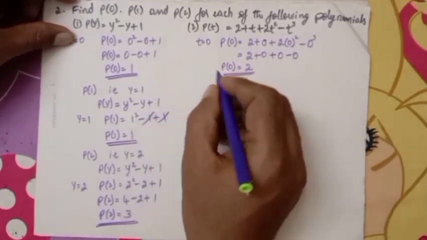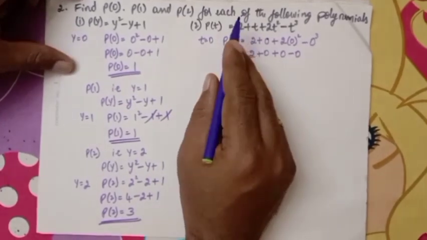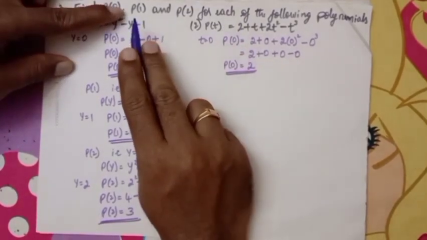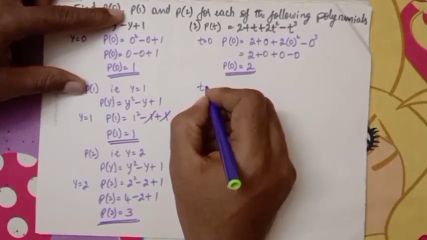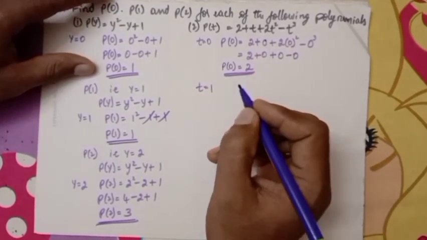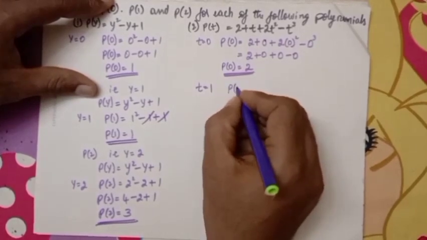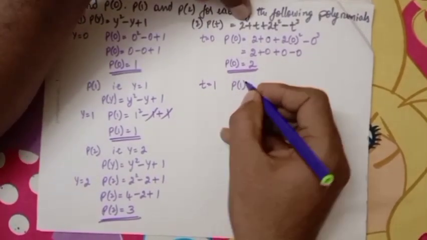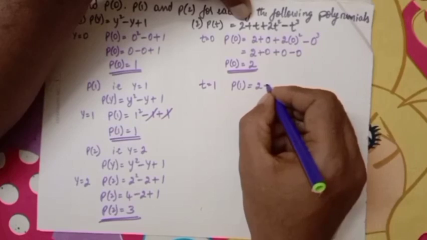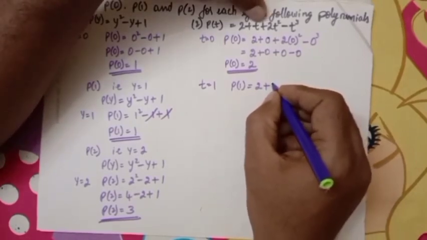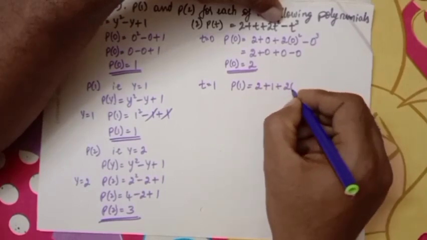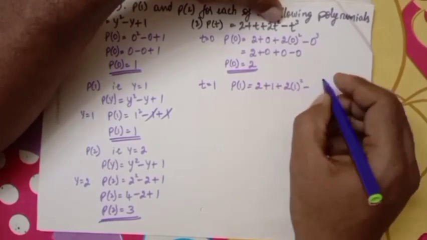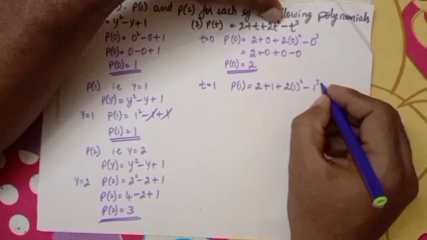Straightly we can write as in the second case p of 1. So let me write t is equal to 1. p of 1 is equal to 2 plus, in place of t we should write 1 plus 2 into 1 whole square minus 1 cube.